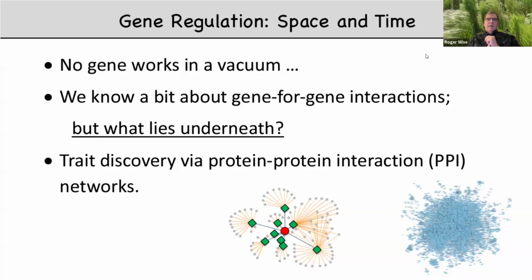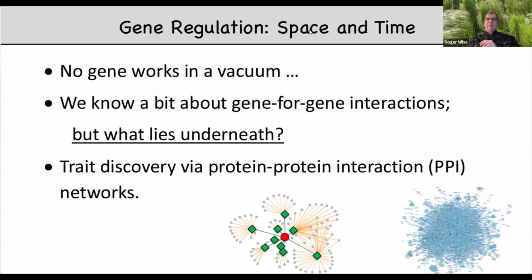Next slide. So as we know from quantitative genetics, no gene works in a vacuum, and I'm a gene for gene guy in host parasite interactions, and so over the past 20 years, we've learned a lot more about the molecular biology of gene for gene interactions and recognition of host resistance by avirulence effectors. But the question is, what lies underneath?